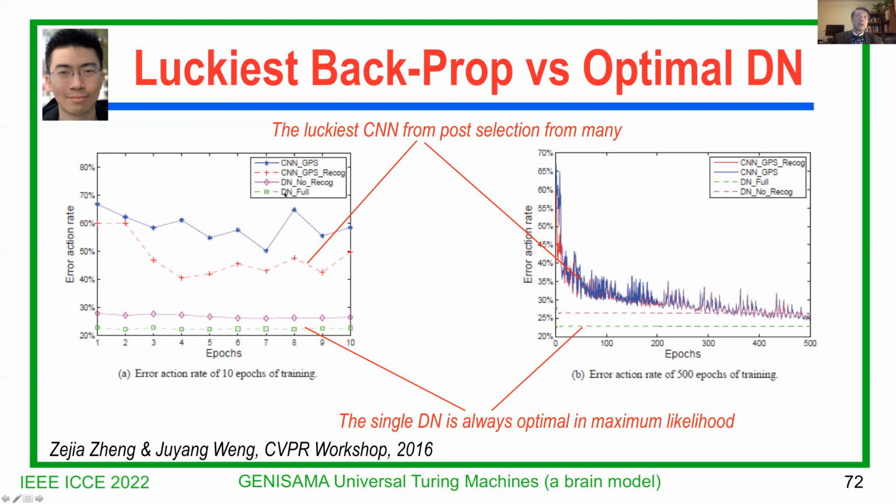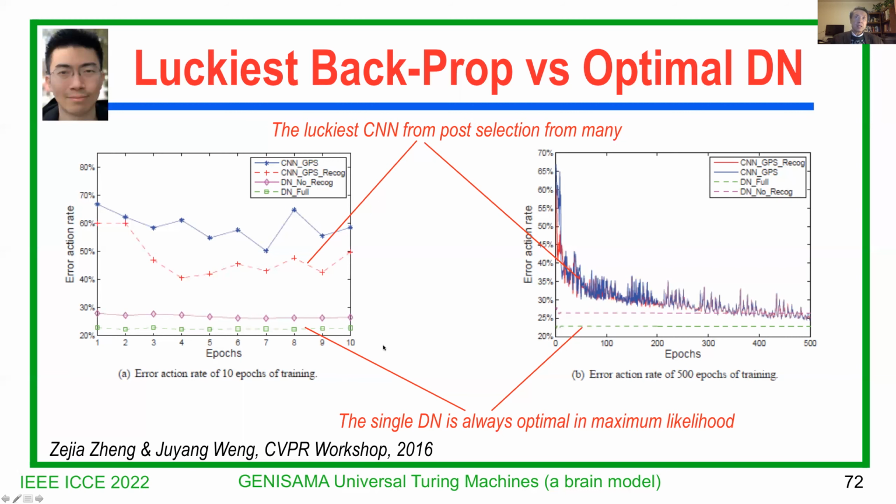Here is the GPS, with recognition learning where and what. This is CN, this is CN, this is DN. We go through all the data, 10 epochs, 10 times. The error is still high, and this is the luckiest network, all right? Many garbage networks we did not even show. Even the luckiest network did not do as well as DN.